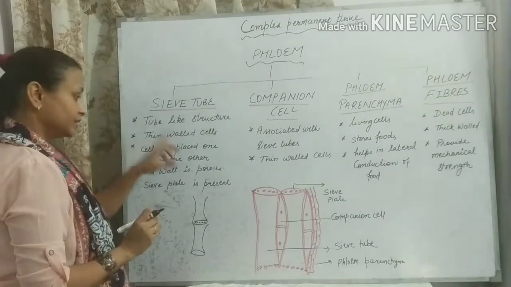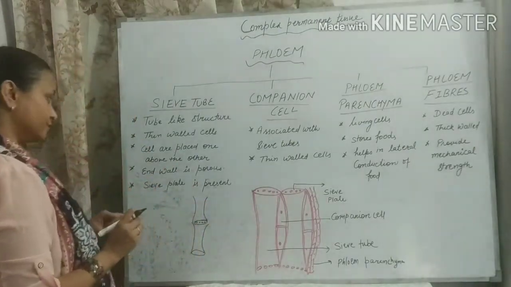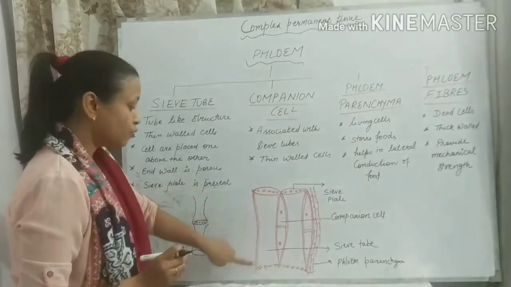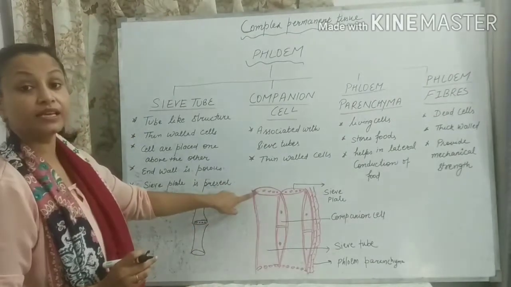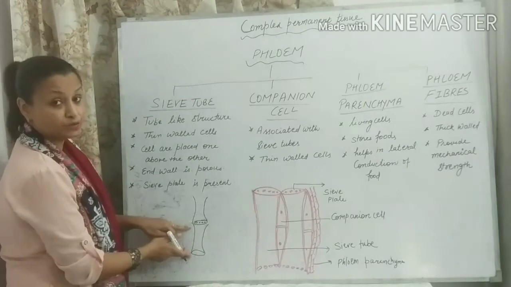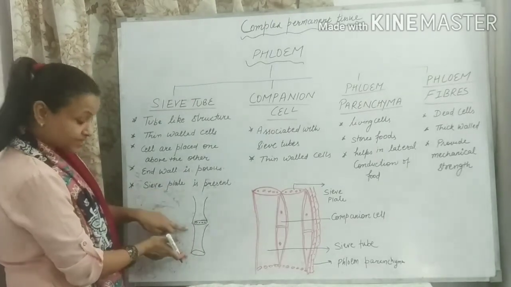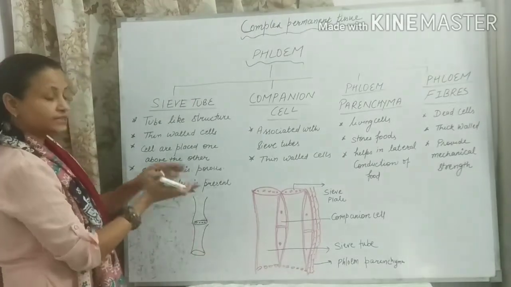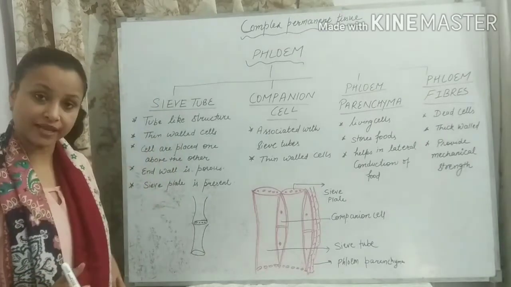So these tube-like structures are known as sieve tubes, and their end walls are porous. End walls means, because this is one tube, one sieve cell, this is one cell, this is another cell. All the cells together make a tube-like structure.